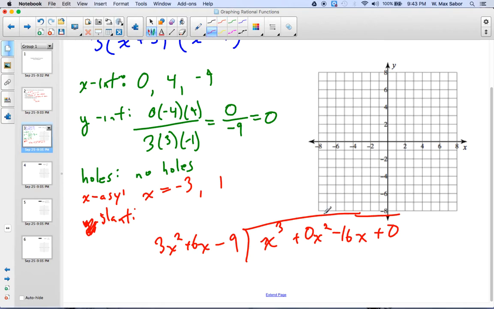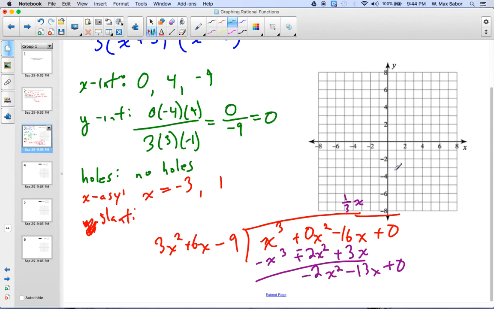So how many times does this go in? It goes in 1/3 x times. When we multiply that out, we get x cubed plus 2x squared minus 3x. Subtract that, and we get negative 2x squared minus 13x plus 0. How many times does this go in?